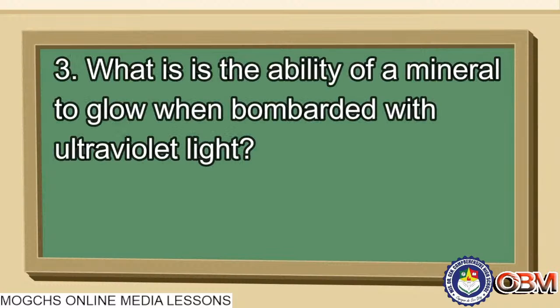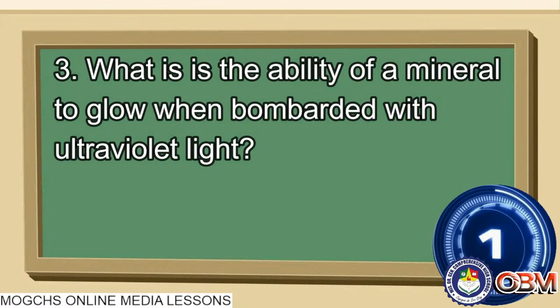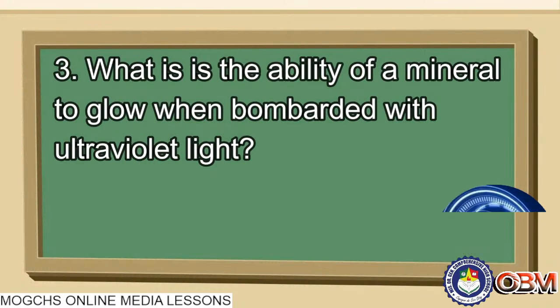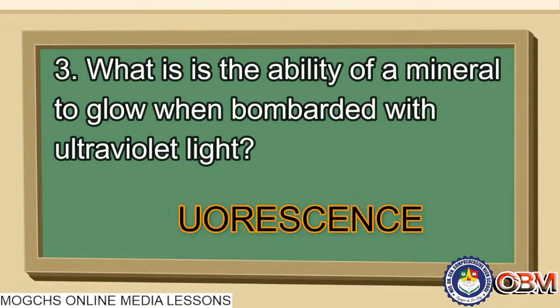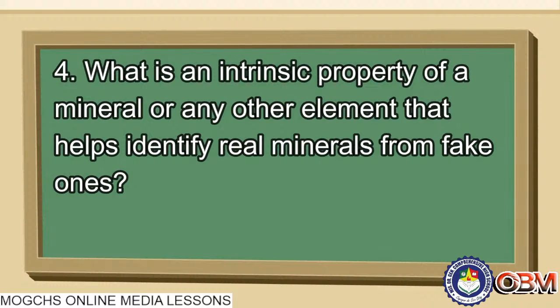Third question. What is the ability of a mineral to glow when bombarded with ultraviolet light? Very good. The answer is fluorescence. Fourth question. What is an intrinsic property of a mineral or any other element that helps identify real minerals from fake ones?